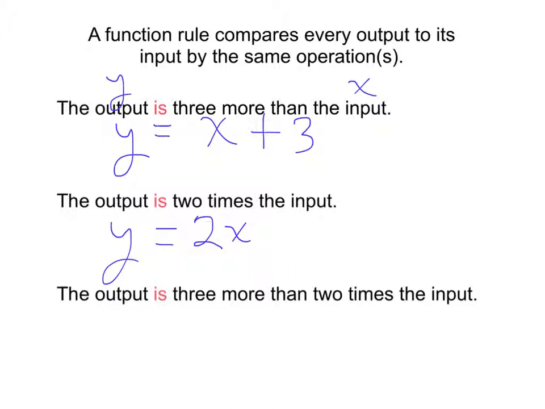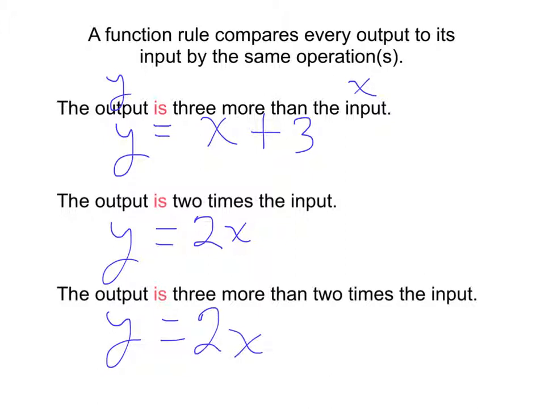Now if you take a look at the last one, it's going to be back to what we were doing with two-step equations. So our output is 3 more than all of this. So instead of, if you go back to the first equation where it said more than the input, this time it's going to be more than 2 times the input. So that means that we're going to start like we did before, writing a 2x.